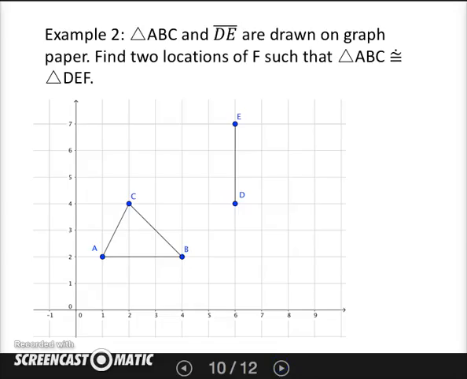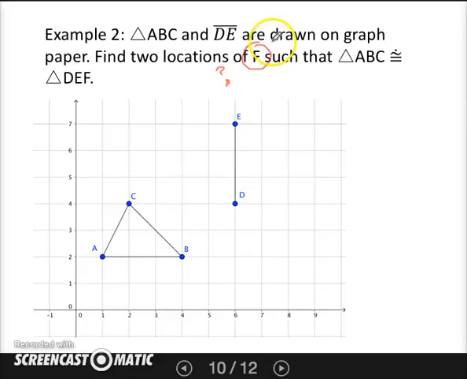Now let's try one more example. Triangle ABC and segment DE are drawn on graph paper. Find 2 locations of F, we don't know where point F is, such that triangle ABC would be congruent to triangle DEF.